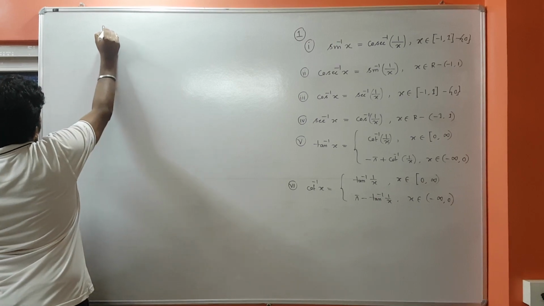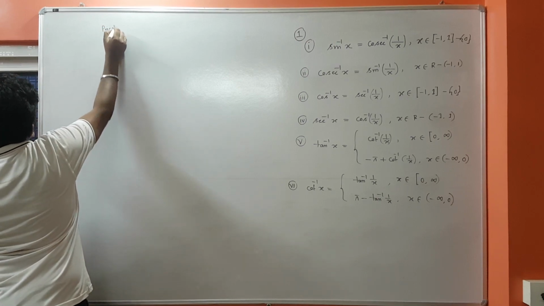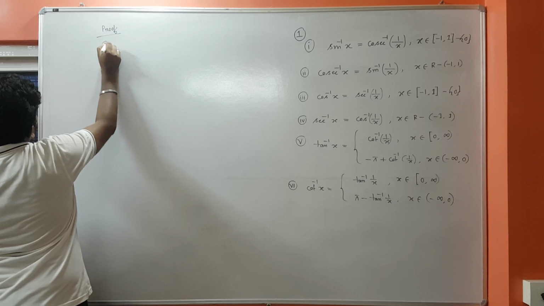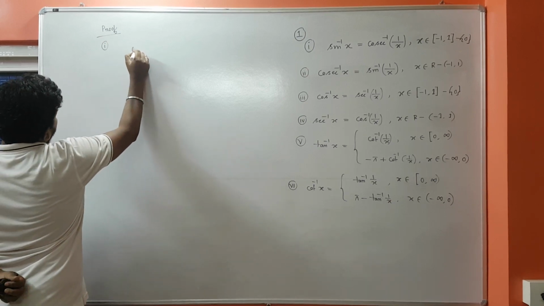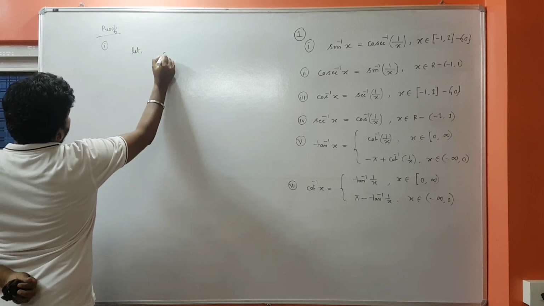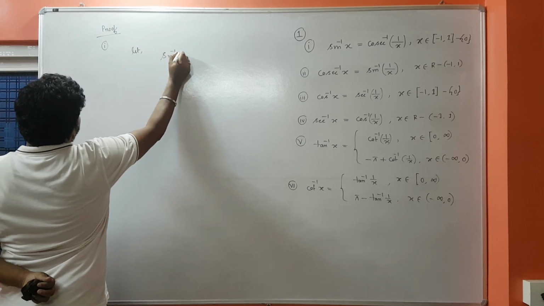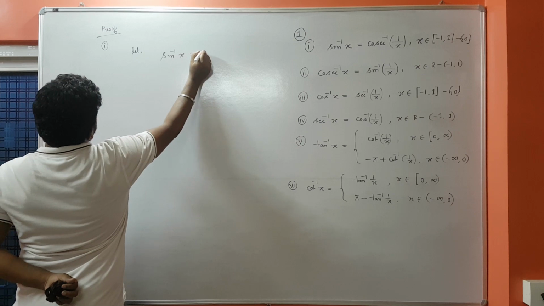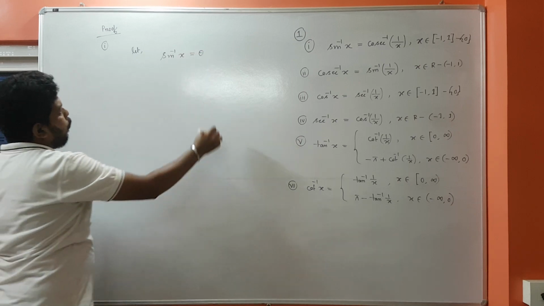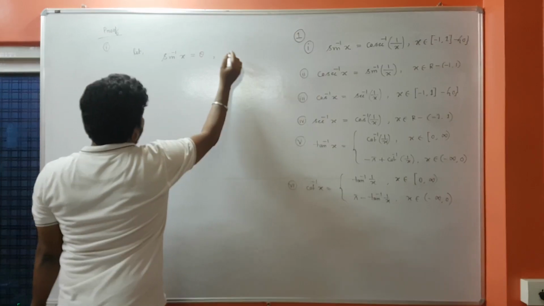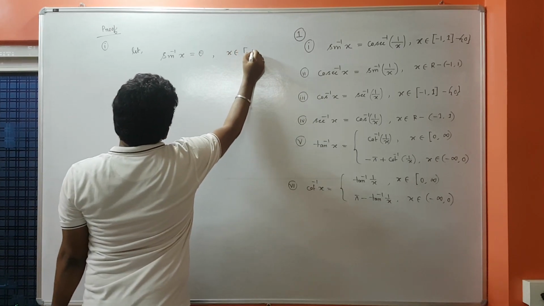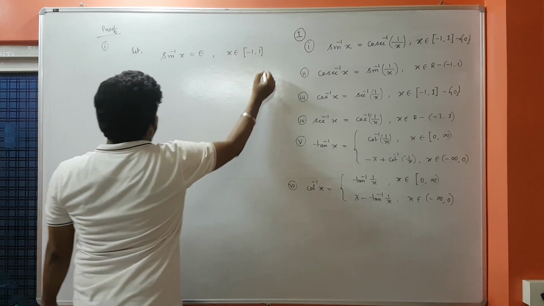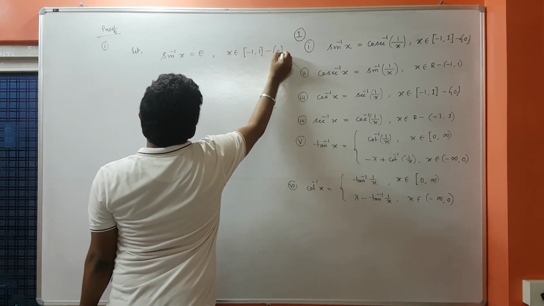Proof. Number Roman 1. Let sine inverse of x is equal to theta, where x belongs to -1 to +1 except 0.